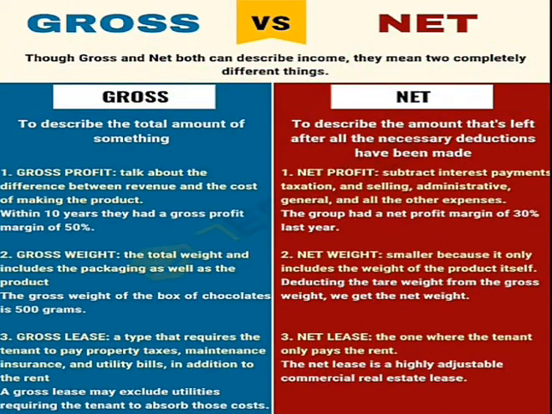So next, gross and net. Gross describes the total amount of something, and net describes the amount left after all the necessary deductions have been made. Some examples of gross and net: gross profit, gross weight, gross lease, net profit, net weight, net lease.